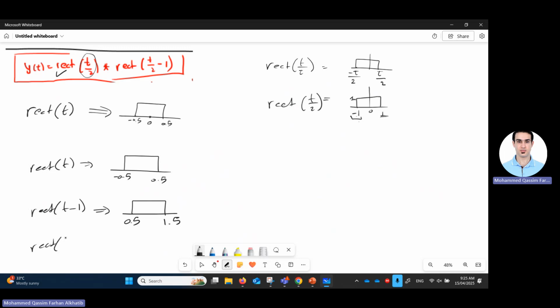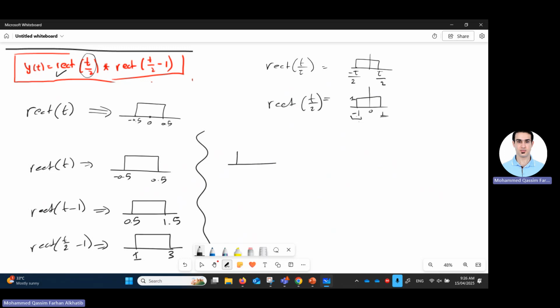Now we do the scaling. Rect of t over 2 minus 1. Now, when we divide over 2, we expand by 2. So we multiply these values by 2. It's going to be 1, and it's going to be 3. Right? Now we do the convolution. I have the first one from negative 1 to 1.